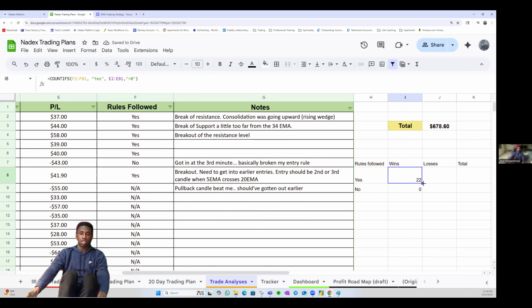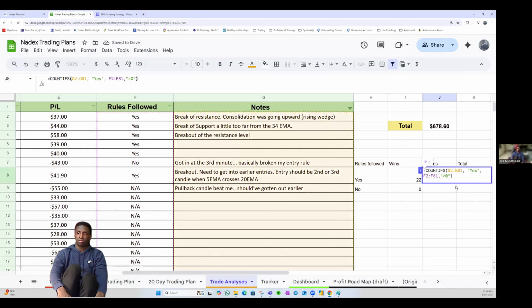Okay, so for losses, same thing. I should have just copied it over. Why did it change? I copied it, I didn't drag it.